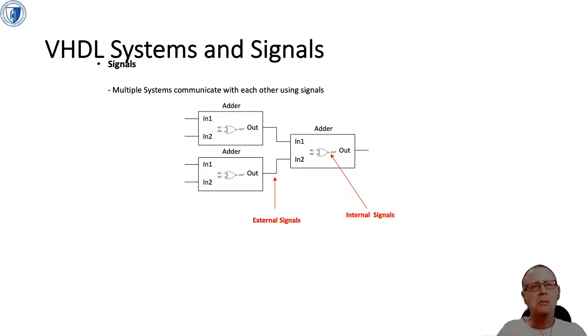But then if you've got multiple devices in the same design, then you've got those inputs and outputs in each adder, but then you've got the connectivity between each of the different devices. And that's done between internal signals and external signals.